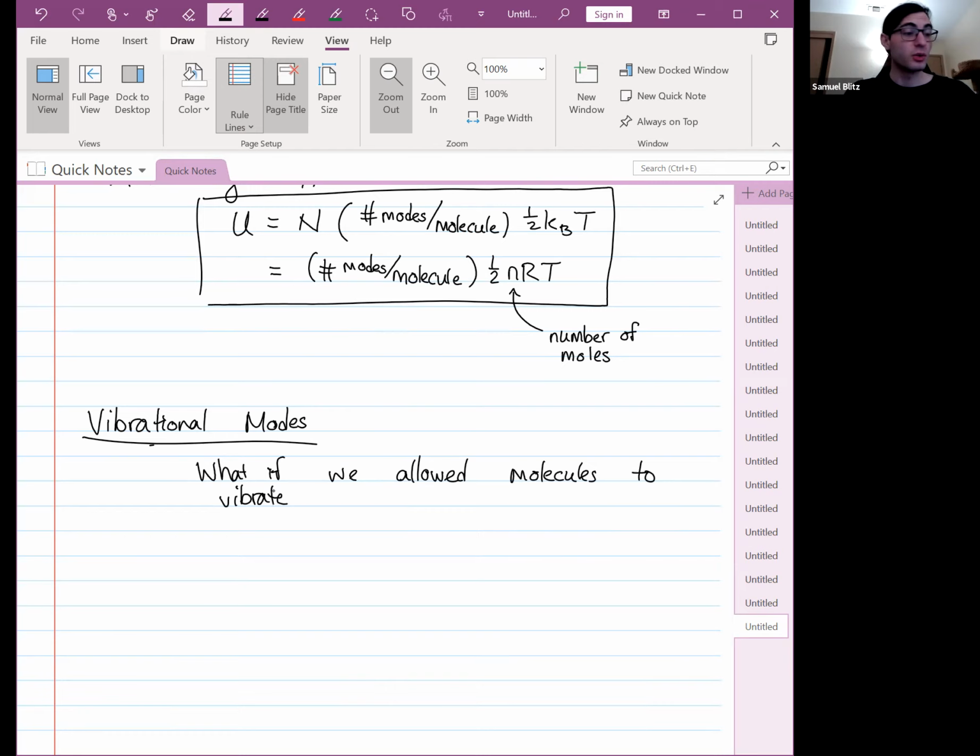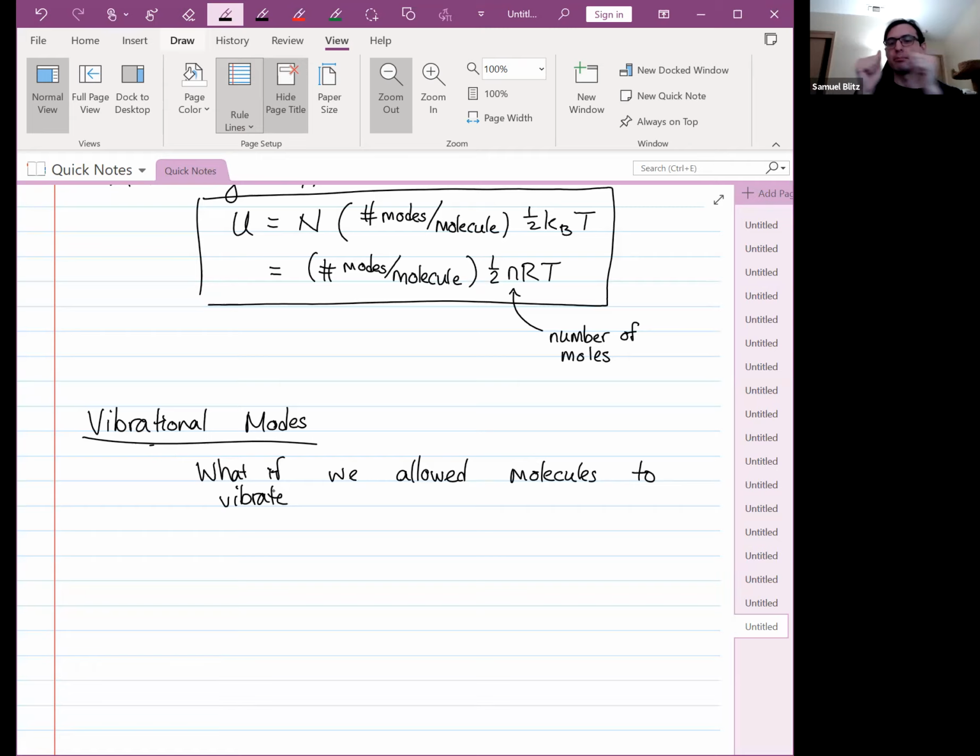Now, if we were to do that, you would correctly observe that once they start moving relative to each other, going back and forth, well, now there's potential energy there, and there's kinetic energy associated with that vibration, right?